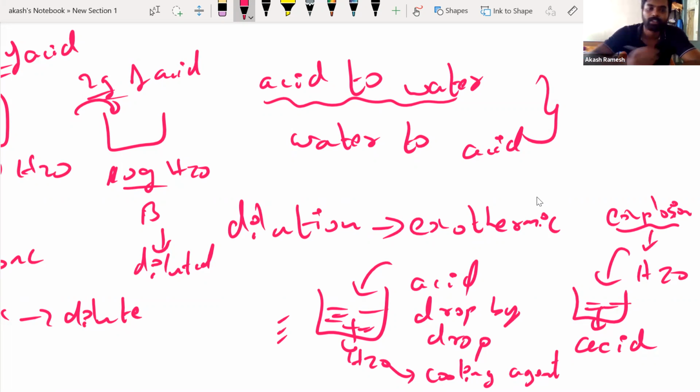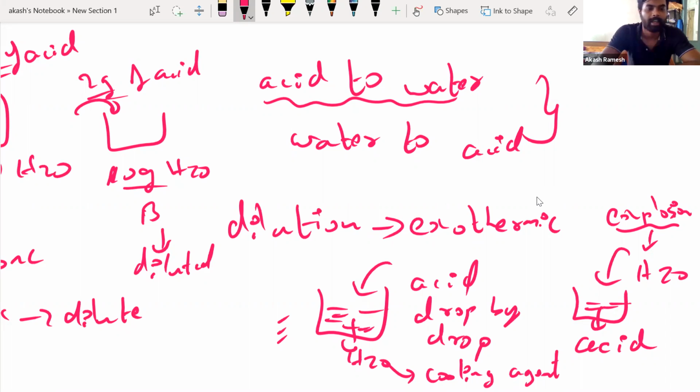So it is always better to add acid to water because water is going to act as a cooling agent. Cooling agent for what? Because the dilution process is exothermic and a lot of heat is generated, the water suppresses the amount of heat produced, and this is how you dilute an acid, by adding acid to water.